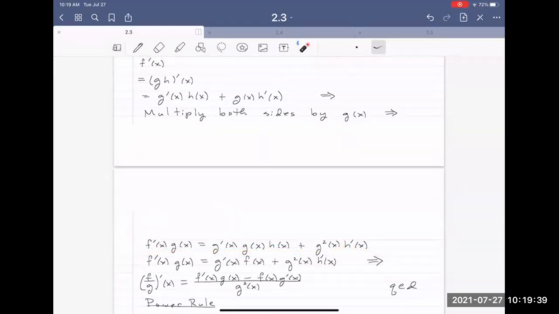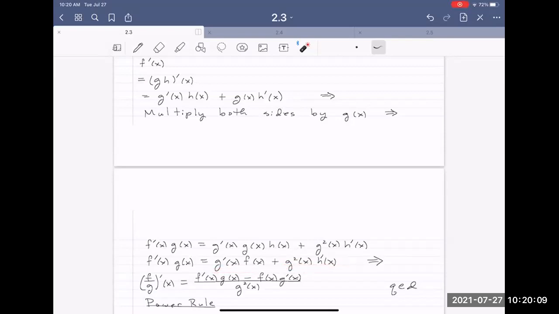Okay, so I have that since g times h is f, I have that f prime times g is equal to g prime times f plus g squared h prime.